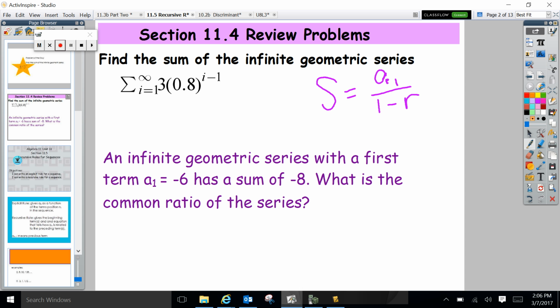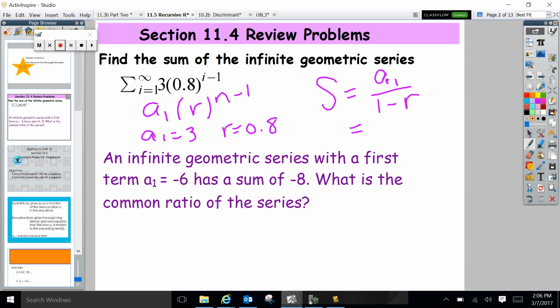We can use the summation notation to help us find our first term and our r, because this is our rule: a sub 1 times r to the n minus 1. So that means our first term has to be 3, and your rate has to be 0.8.